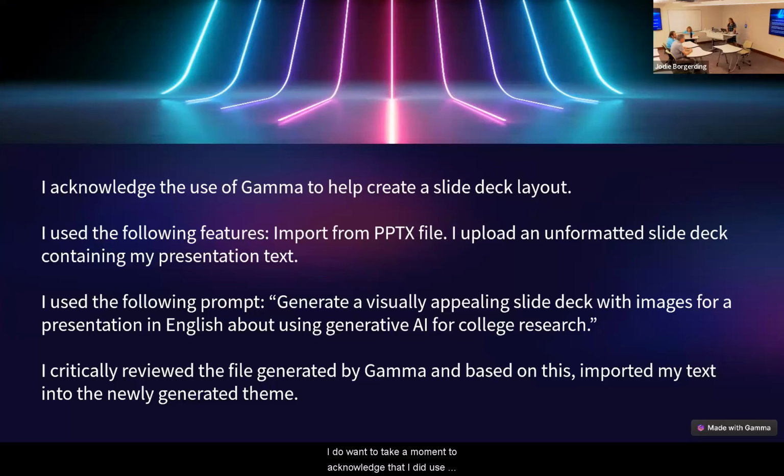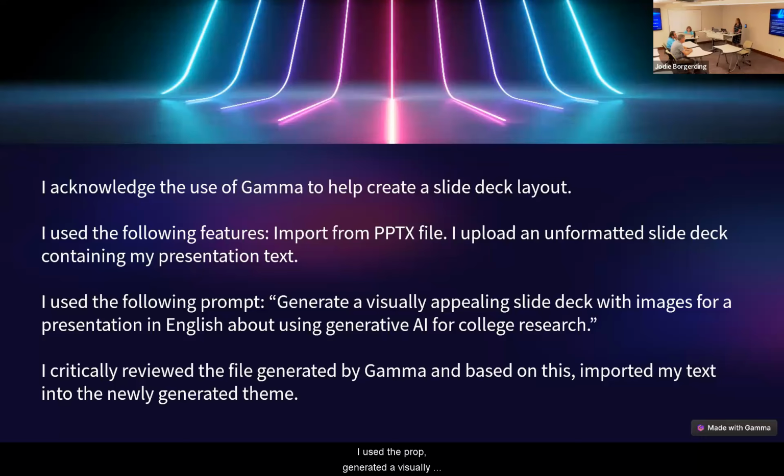I do want to take a moment to acknowledge that I used Gamma, the AI tool, to help create the slide deck layout. I created a plain black and white PowerPoint file and uploaded that unformatted slide deck containing my presentation text.